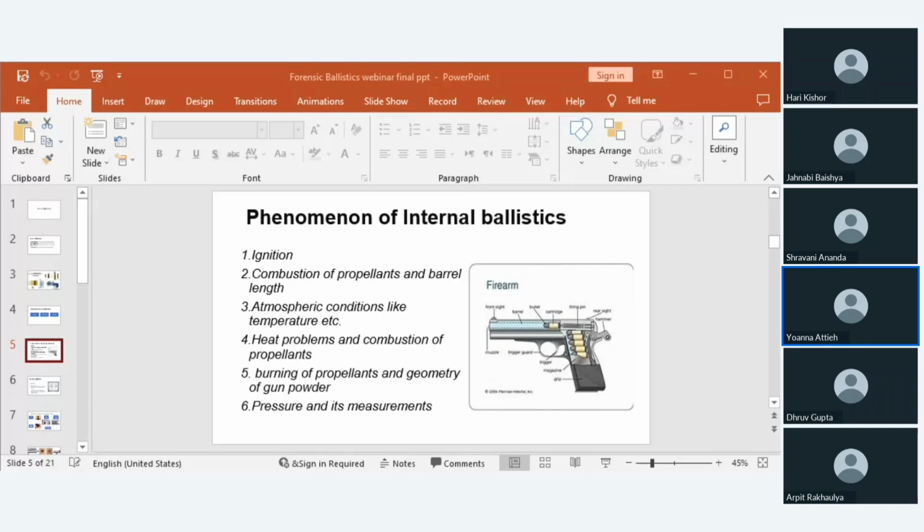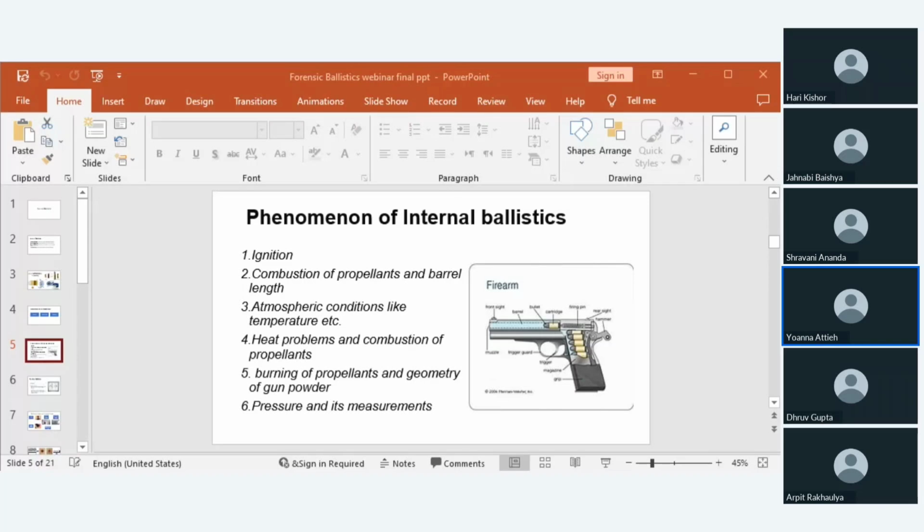The high pressure and speed at which the projectile travels down the barrel determine how efficiently the energy from the combustion is used. Once the projectile exits the barrel, the combustion process is complete and the projectile enters the phase of external ballistics.